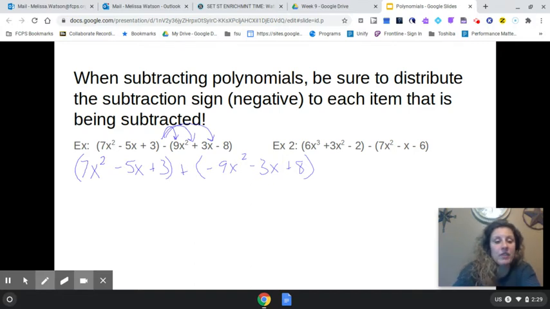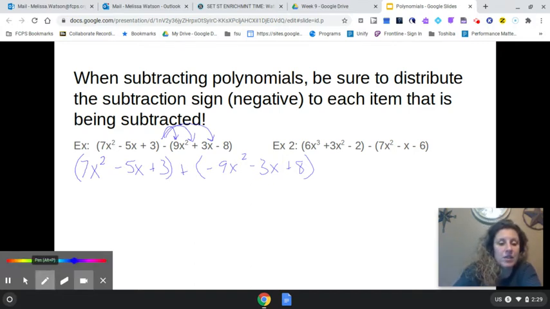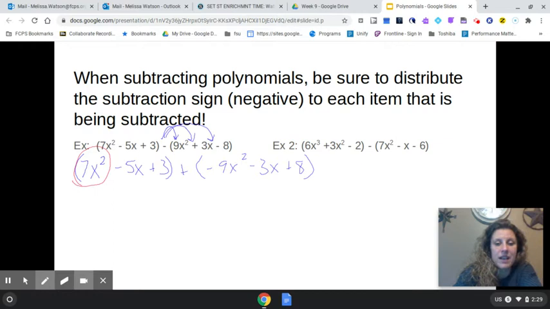So we have like terms. Let me change color real quick. Of 7x squared plus negative 9x squared. That would give me negative 2x squared. The next set of like terms, we have negative 5x. We're adding negative 3x to it.